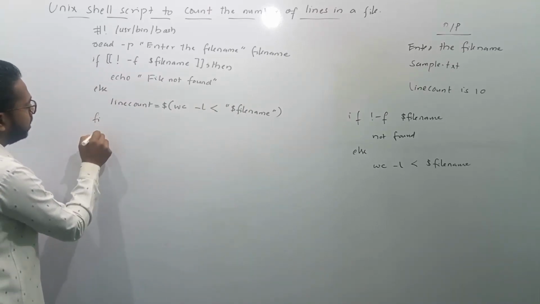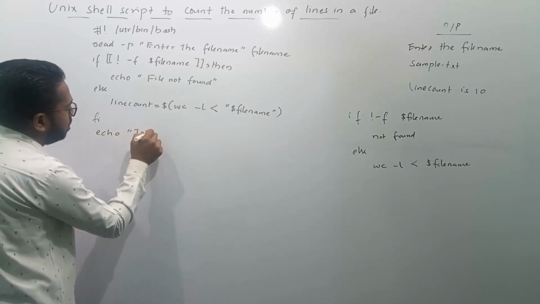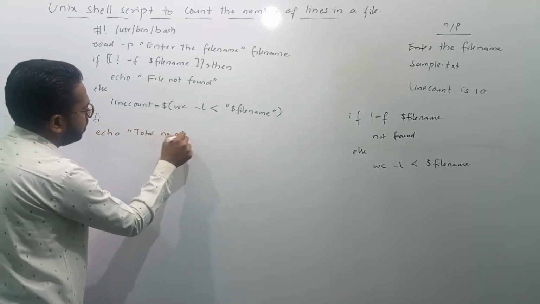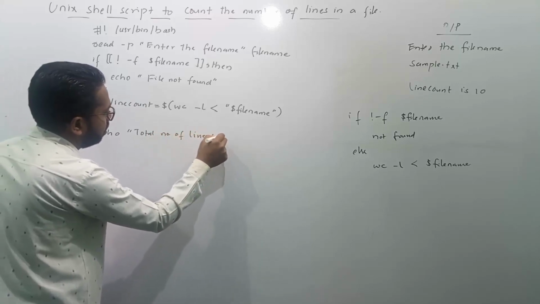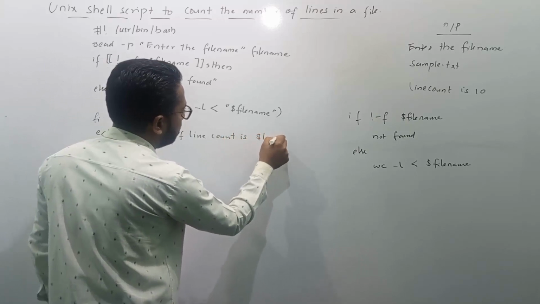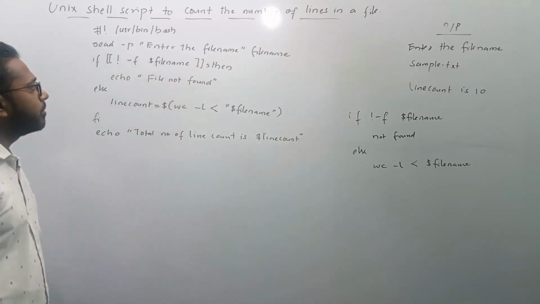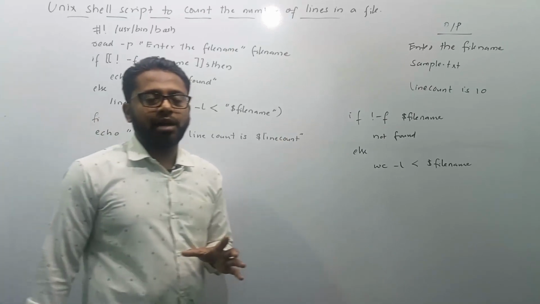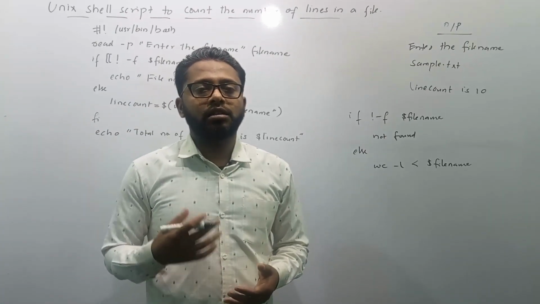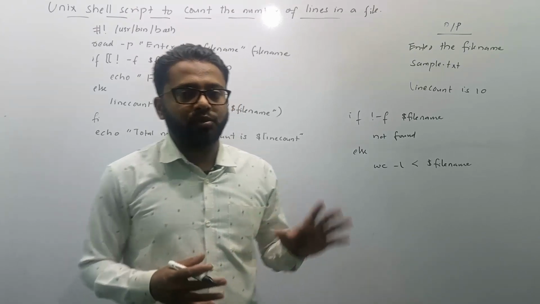End if, and at the end I will print echo "total number of line count is $line_count". So this is a very simple program where we are finding the number of lines present under the file. I hope you guys have understood this program.